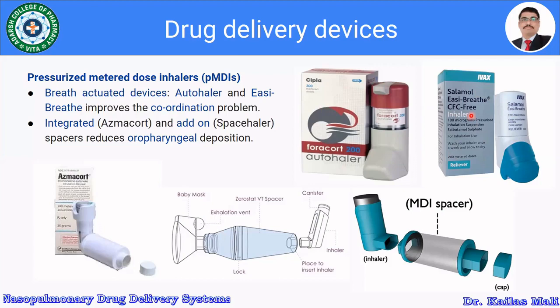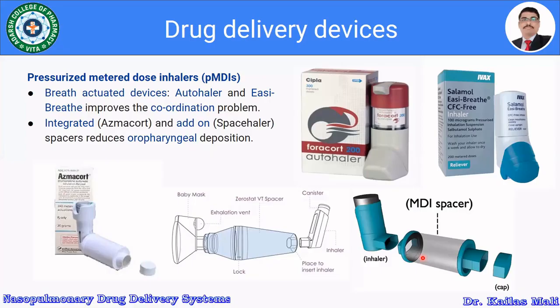The second one is Asthmacort, an integrated add-on spacer device, which reduces the oropharyngeal deposition. So here it's an MDI spacer and this is the inhaler. This is a further advancement in pressurized metered dose inhaler devices.